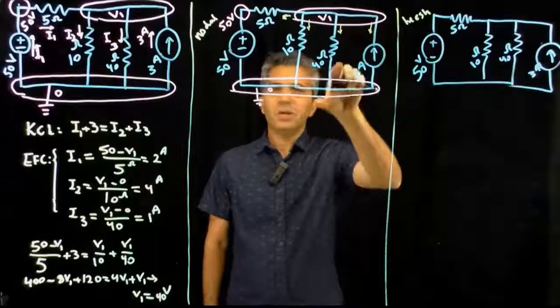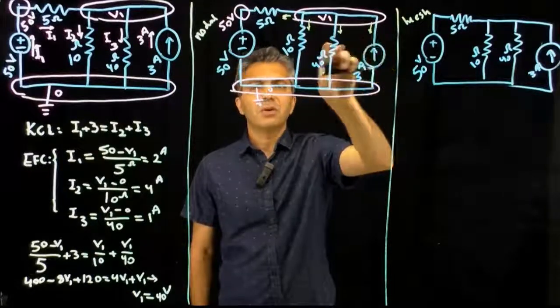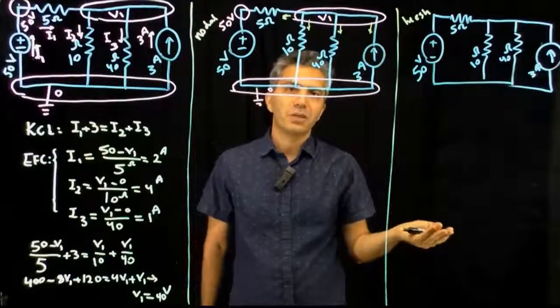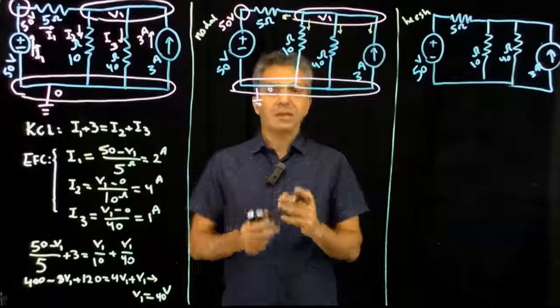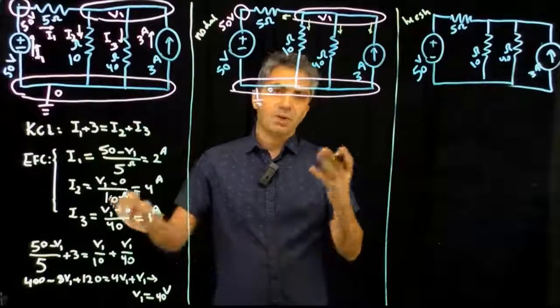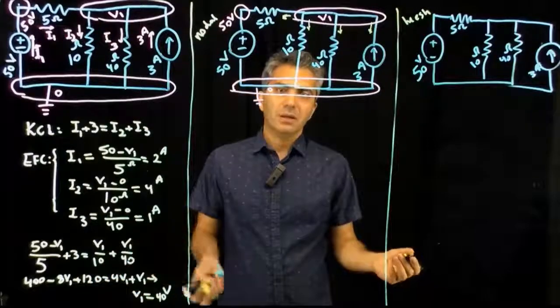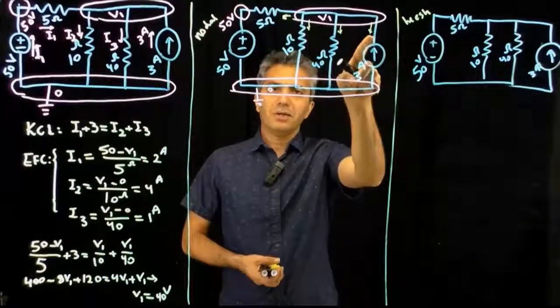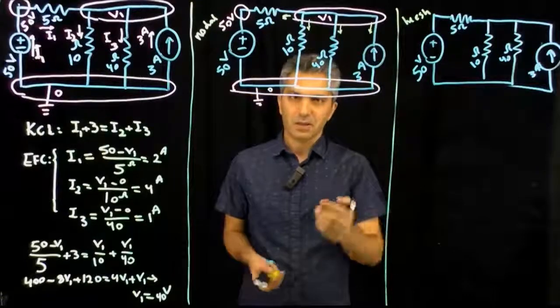Since all the currents are leaving that node, you add them up, and they have to be equal to 0. KCL, basically: all the currents coming in equal the currents leaving. Since all the currents are leaving, the currents coming in are 0, so you add up the leaving currents and it's equal to 0.